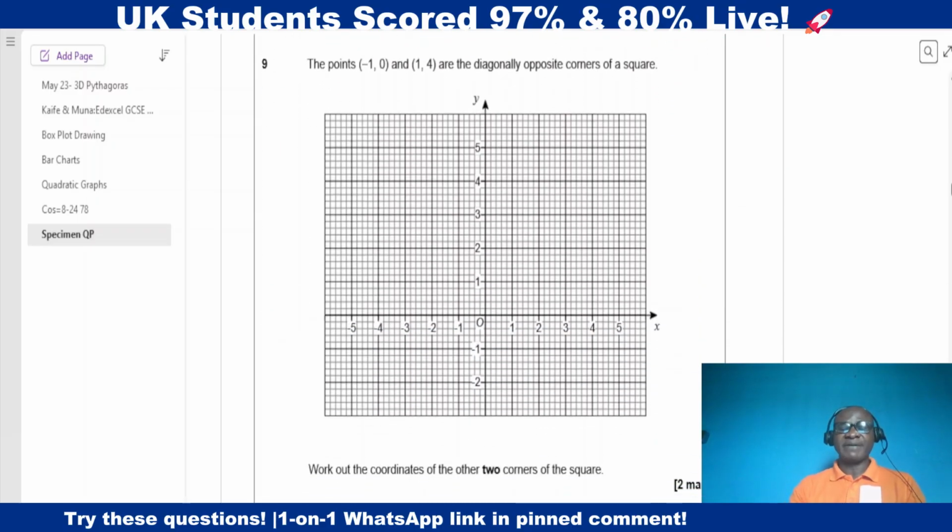We have already evaluated number 10 in the classroom. Okay, Kaife, give me your answer first. What are the coordinates of the other two corners of the square from this graph? I said it was 1, 0 and -1, 4.